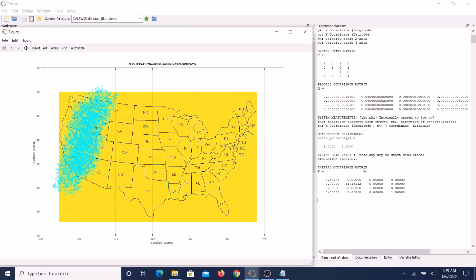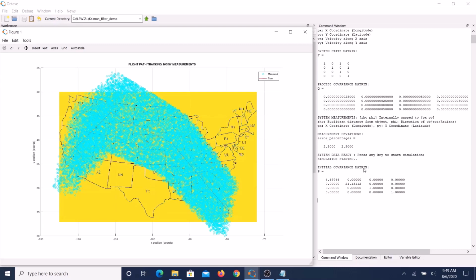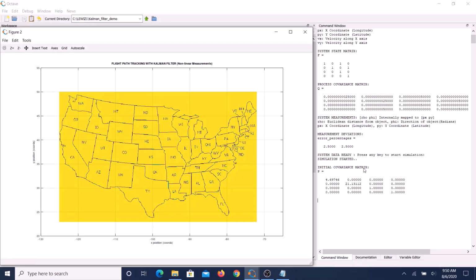So now the system is again plotting the noisy measurements first. And now we can see that the system is plotting the Kalman filter estimation.